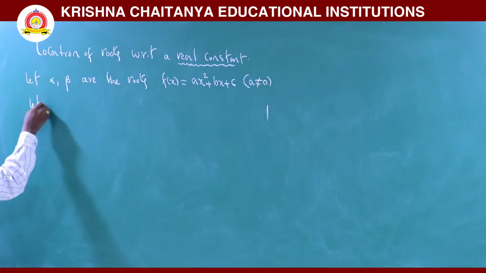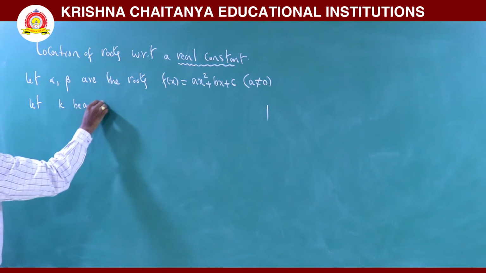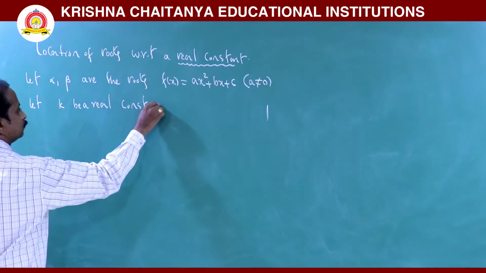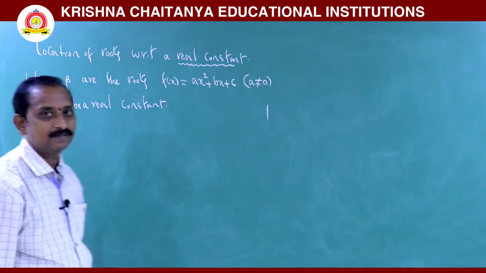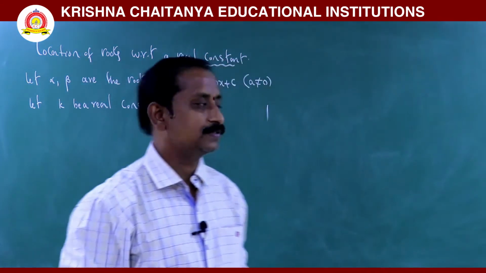Let k be a real constant. So, what are the conditions of real roots with respect to the constant?